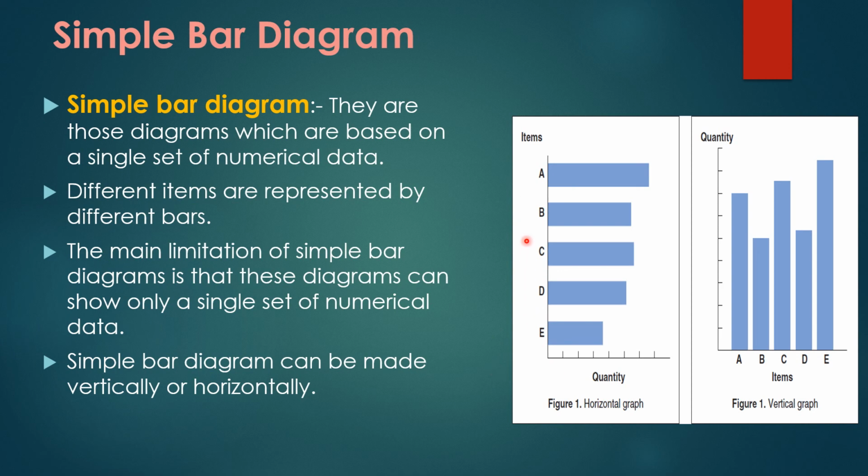If we consider this as the y-axis and this as the x-axis, then here the common baseline is the y-axis. Coming to the vertical graph in the next figure, the x-axis is the common baseline and here the bars are presented vertically.